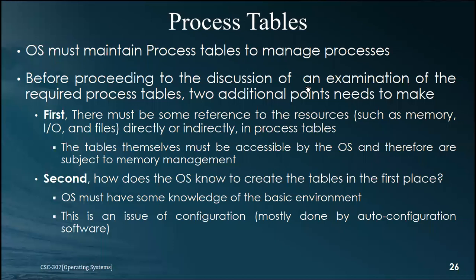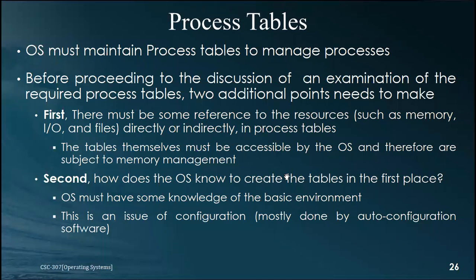Before proceeding to the discussion of the examination, there must be some reference to the process resources, such as memory and IO files, directly or indirectly in the process table. So the point here is that there must be some reference to the resources, such as memory, in the process table. If you're running a program, it automatically gets allocated the resources, but it has to be mentioned in the table as well.